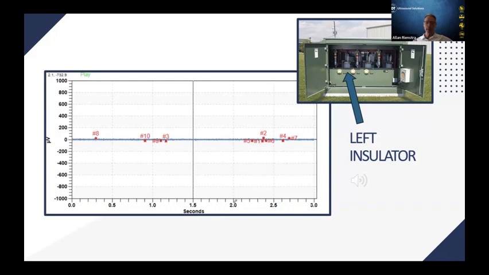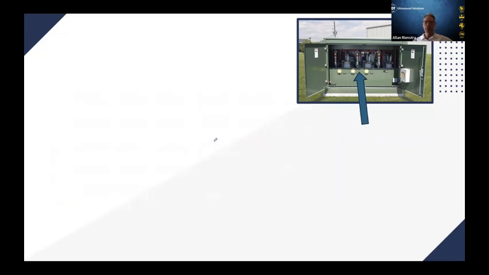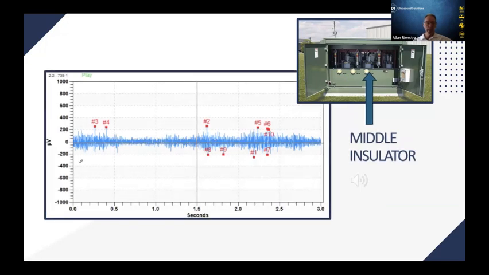So this was the sound on the left insulator. Pretty quiet, really. We just captured a 3-second signal, and you can see just this blue fuzzy line here. That's the signal, very, very low level. Then we went to the middle transformer, and this blue and fuzzy is getting a little bit bigger.